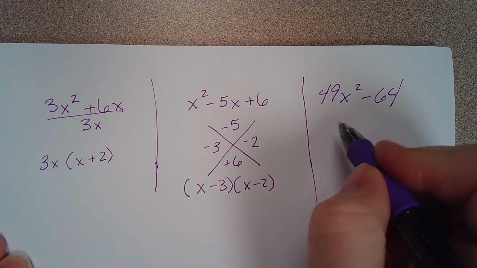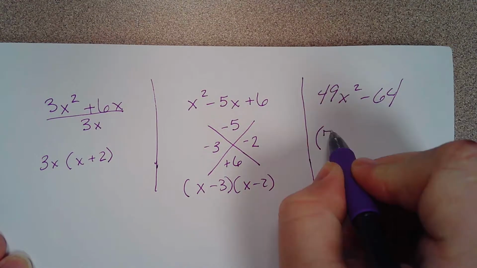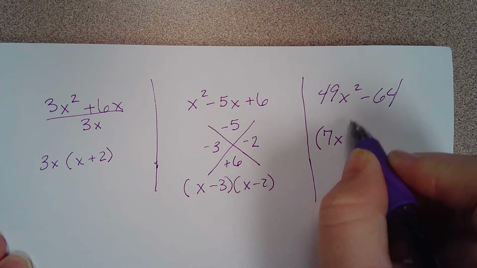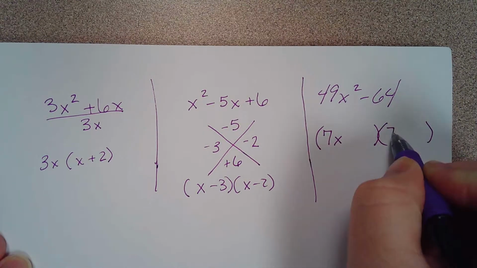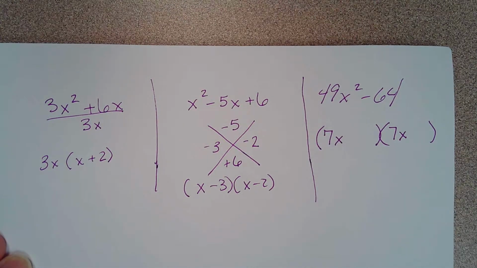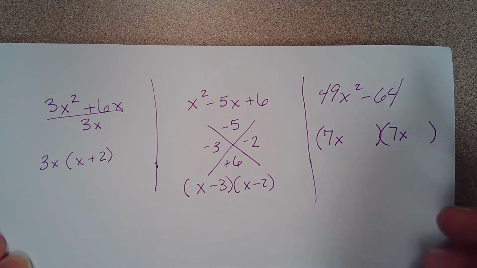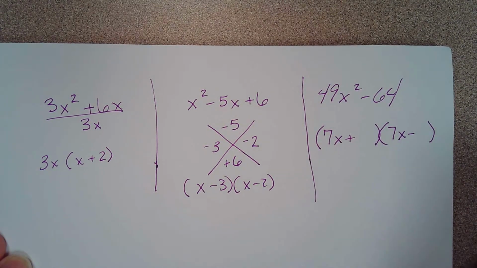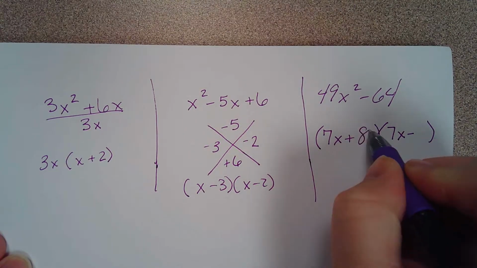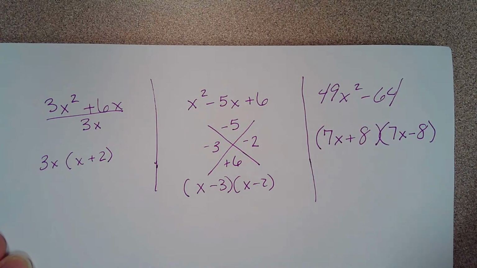So the square root of 49 is 7, and then you take half of the x, and then you put the 7x in the front of the second one. Now, we know that this is a difference of squares, so that means one positive, one negative. And then the last thing we do is the square root of 64, which is 8. And that is our answer for the difference of squares.